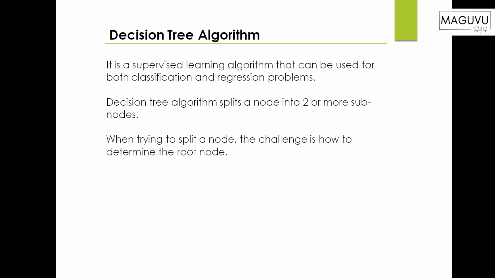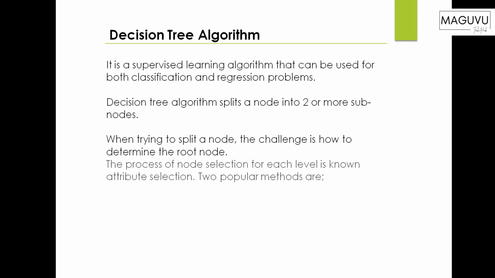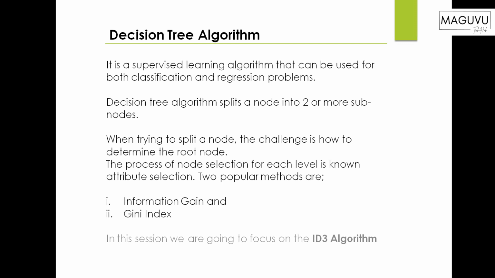When trying to split a node, the challenge is how to determine the root node. The process of node selection for each level is known as attribute selection. Two popular methods are information gain and the gini index. And in this session, we are going to focus on the ID3 algorithm.